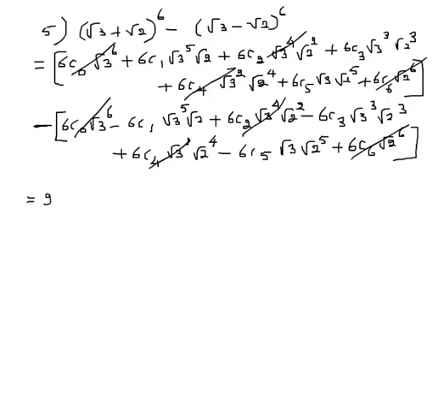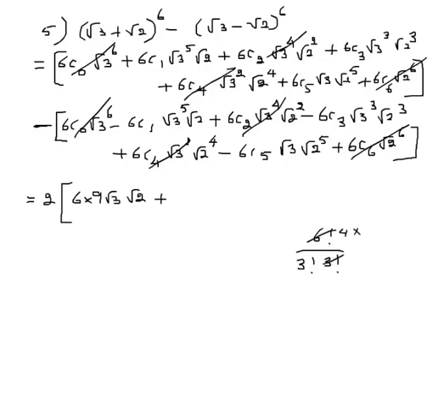Now let us write the remaining terms. We will get 2 times 6C1. 6C1 is 6. Root 3 power 5 is 9 root 3. 9 root 3 times root 2. The next term 6C3. 6C3 is 6 factorial by 3 factorial times 3 factorial.